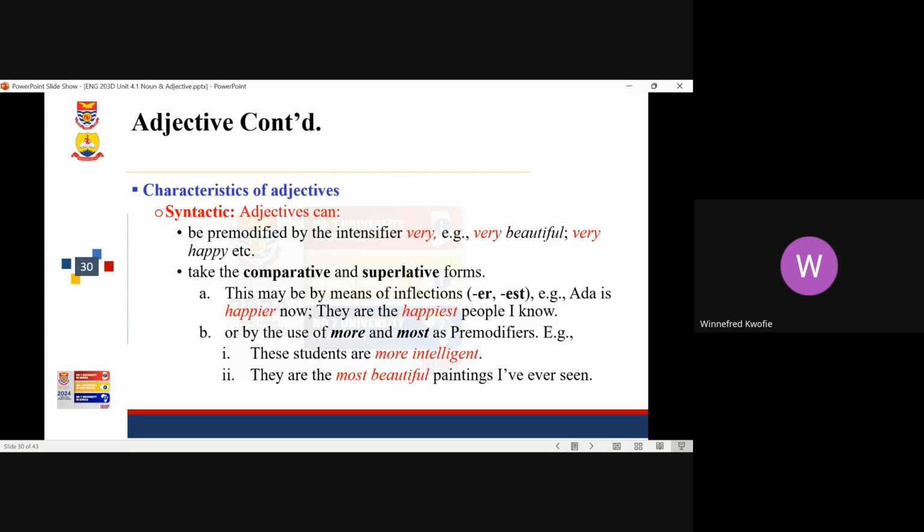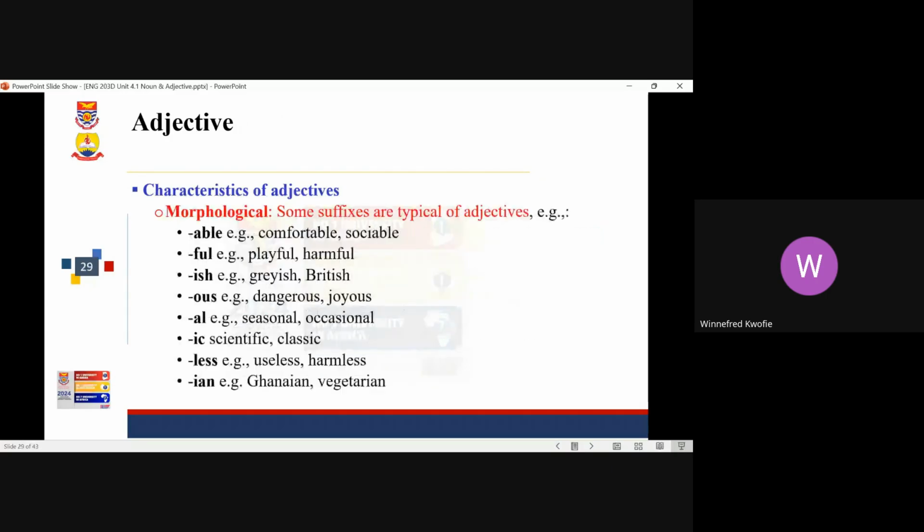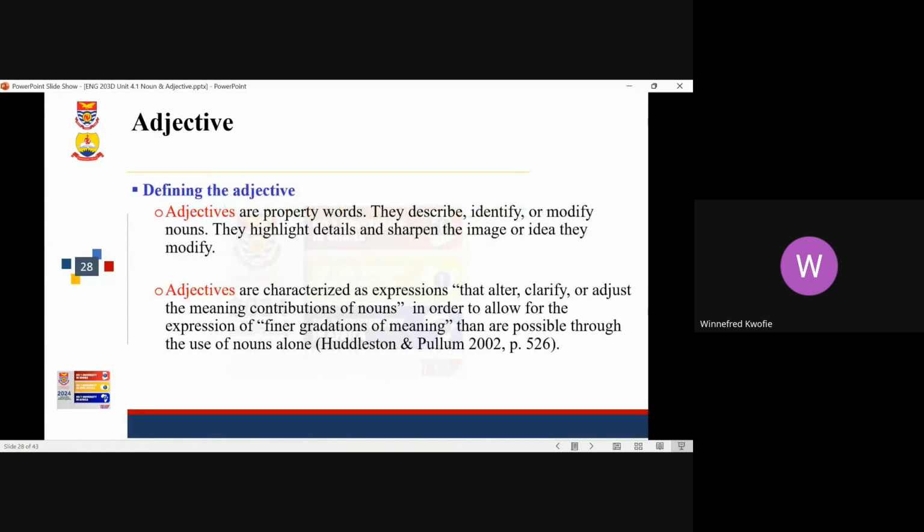So they are helping us to identify words, or they are making the words that they describe clearer. That's what we mean by adjectives are property. They come with words to clarify the meaning of words. Let me put it in that way, if that will make it clear.